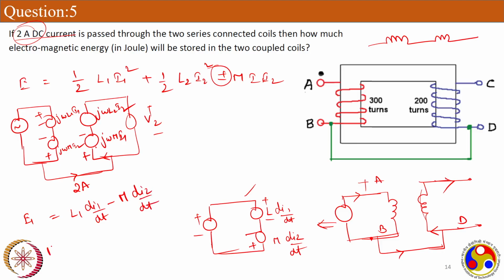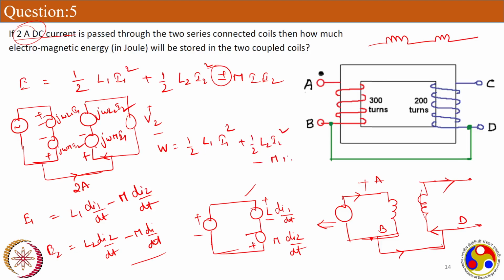Now, E2 will be L2 di2 by dt minus M di1 by dt. Now, if you solve this entire thing, the same as what we did there, we'll get half L1 I1 square plus half L2 I2 square minus M I1 I2.